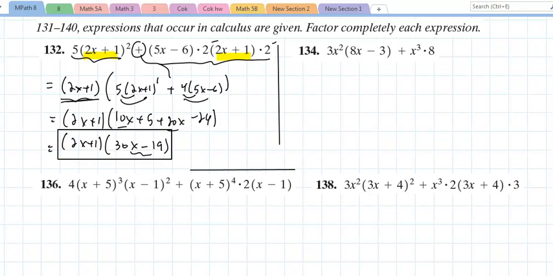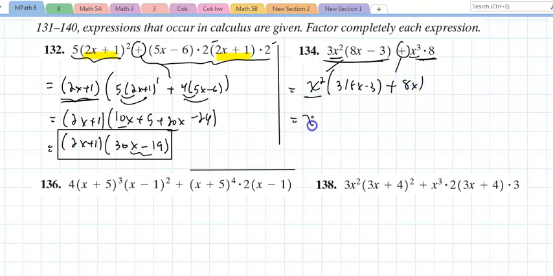If I glance at this, I notice there is an x squared that's common in both. I factor that out. If I take this first divided by this, I'll have 3 into (8x minus 3), plus, if I take the second term divided by x squared, that will be 8x.